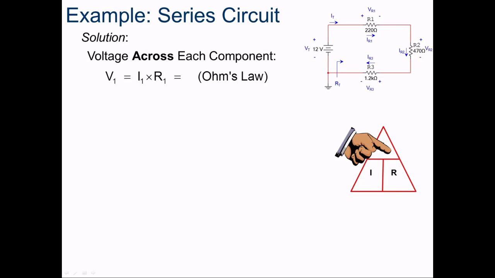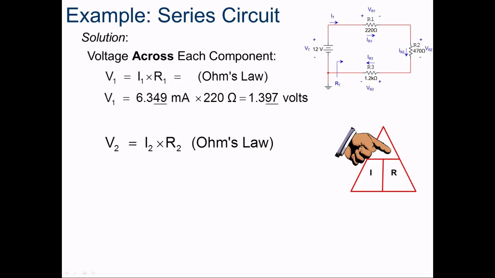Voltage across each component. Remember, voltage equals I times R. The reason these are here is they're trying to say at resistor 1, at resistor 2, and at resistor 3. Voltage at resistor 1. Well, current is the same.